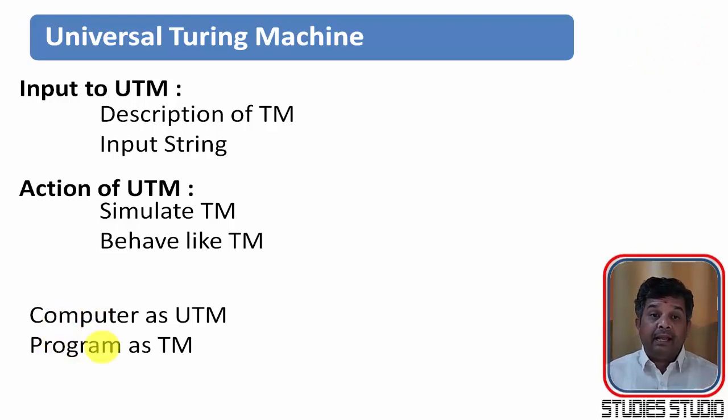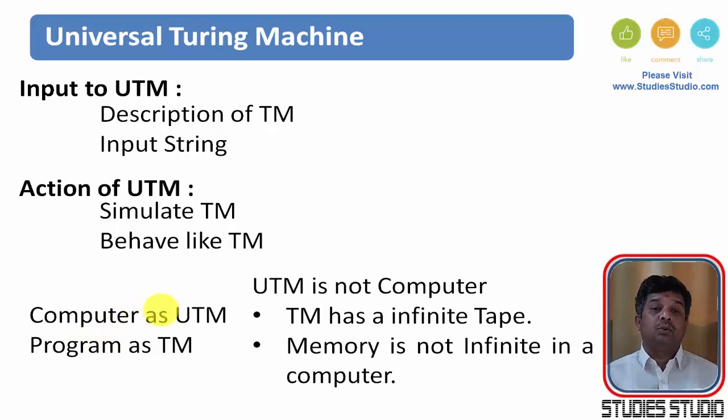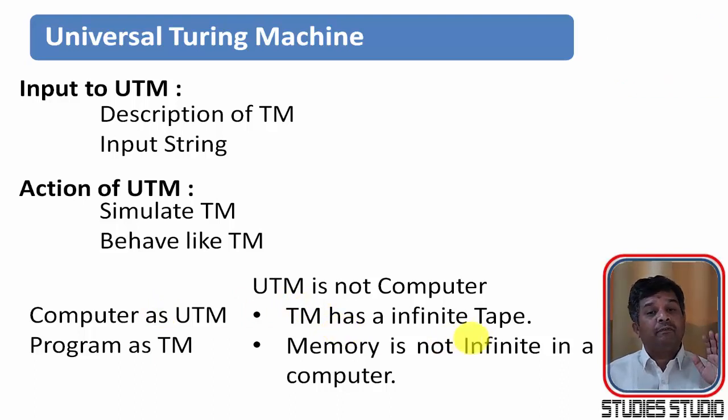So can we think that the Turing machine is a computer? No, a Turing machine is not a computer, because a Turing machine has an infinite tape and we don't have the concept of an infinite tape in a computer. And apart from that, we say a Turing machine has infinite memory, and for any computer, we cannot say the memory is infinite.